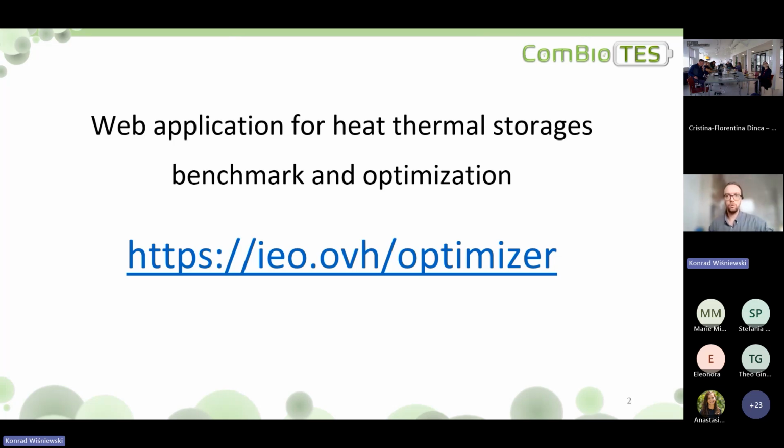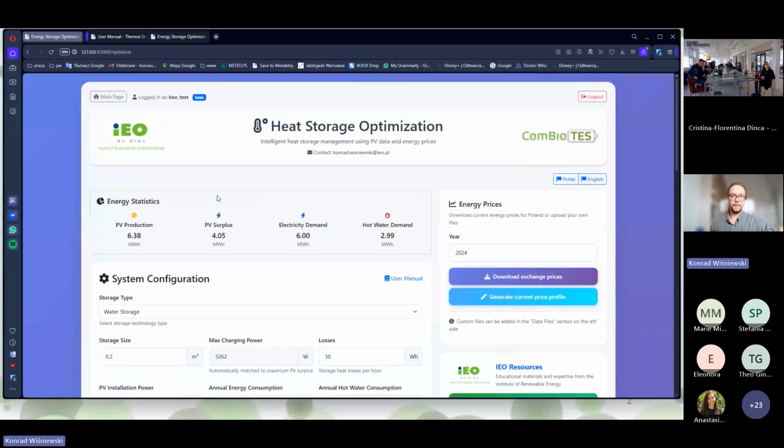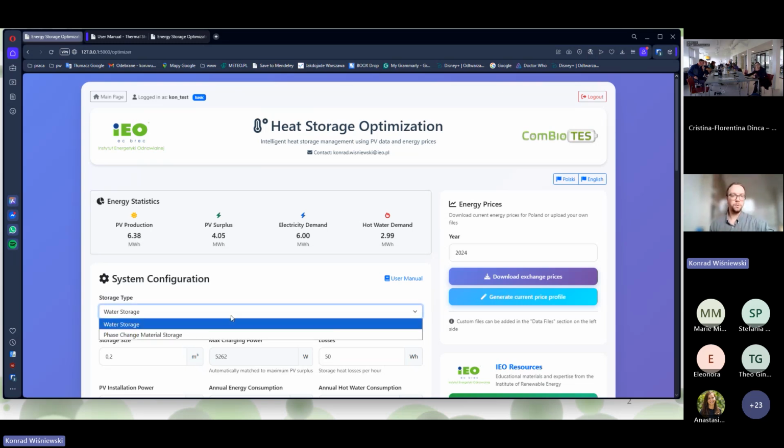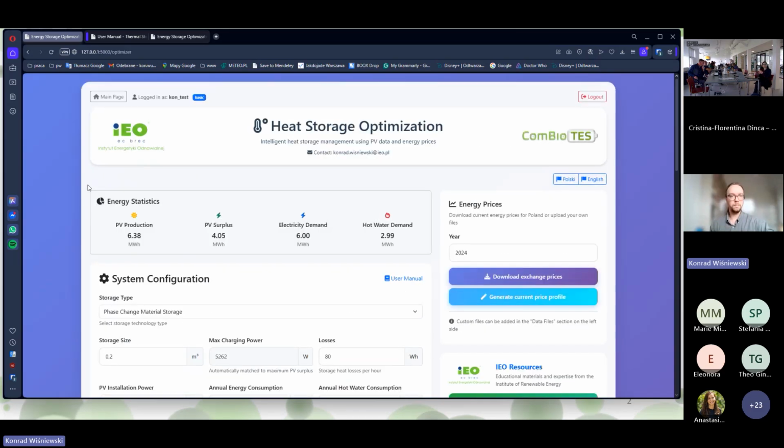And I would just show you this web tool that we created. Our idea is to show, in the most comprehensive way possible, what they need to decide, for example, what size of storage they will need.